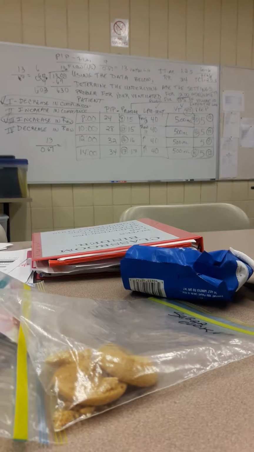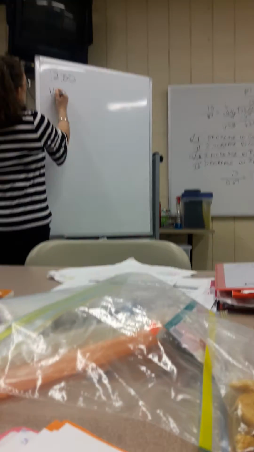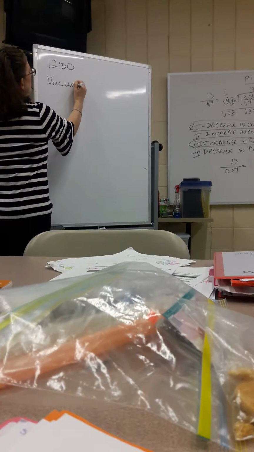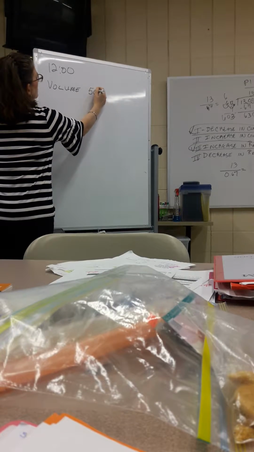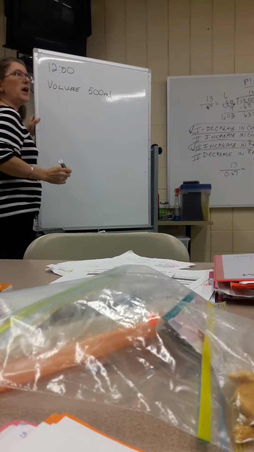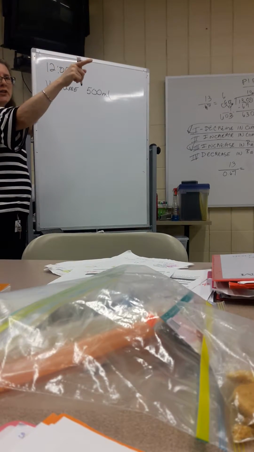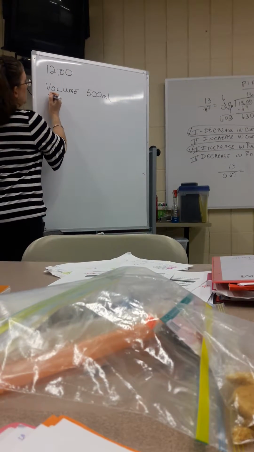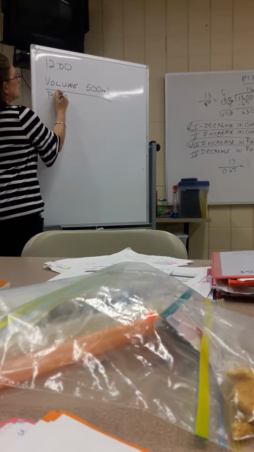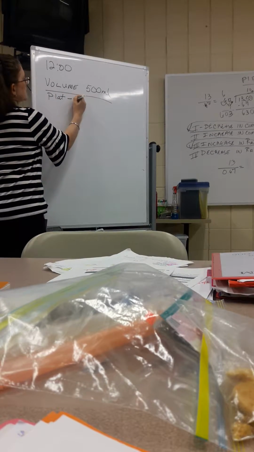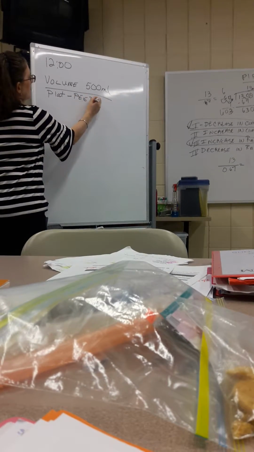Here's 12 o'clock. My volume is 500 milliliters, right? So my calculation for compliance is change in volume over change in pressure, which is going to be our plateau minus PEEP.